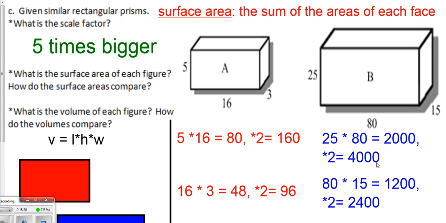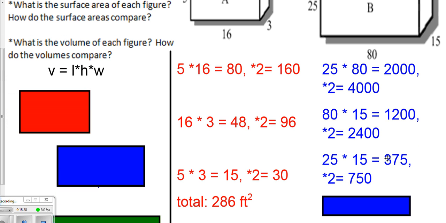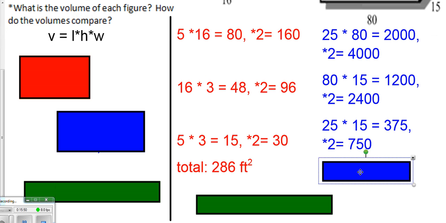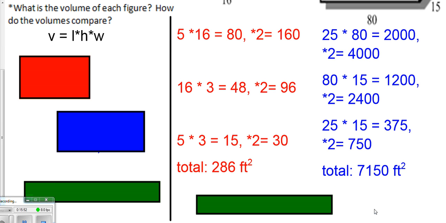And there are two sides, so we can see like this side here is 25 by 15. 25 times 15 is 375. Two of them, a left side and a right side, is 750. Now if we add up this 4,000, 2,400, and 750, the total surface area is 7,150 feet squared.